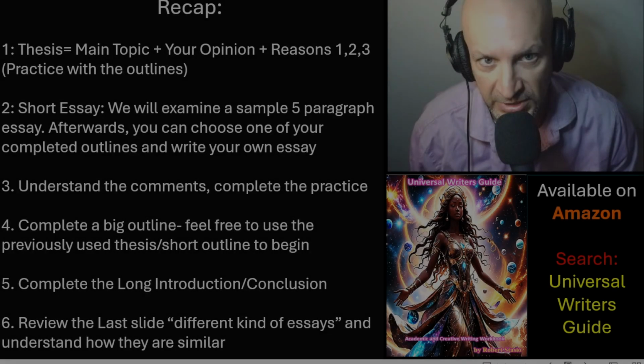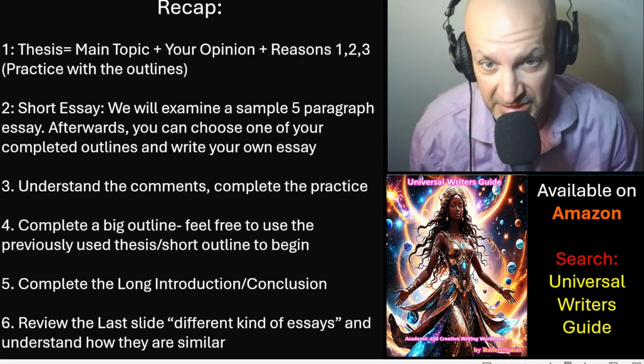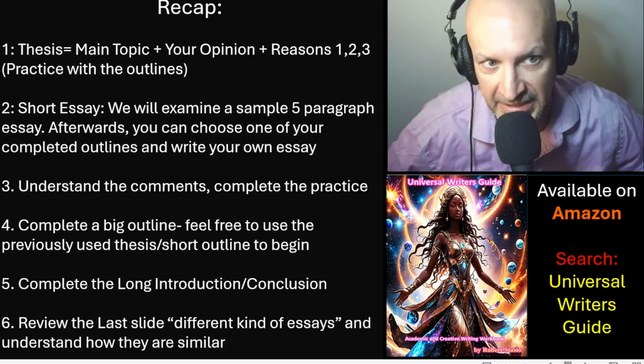Now it's time to recap. First, we started out with the thesis. What that means is it's the main topic plus your opinion, a singular opinion, and your reasons for that opinion, 1, 2, and 3. And make sure you practice with the outlines. It is key to make sure that you have plenty of practice and are fluid with them.